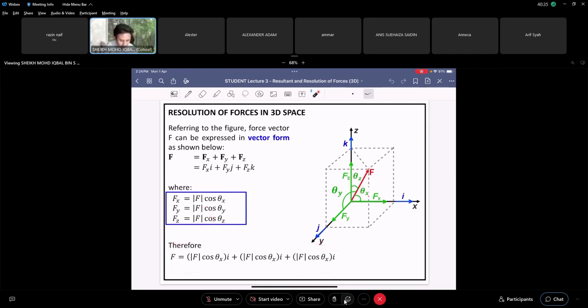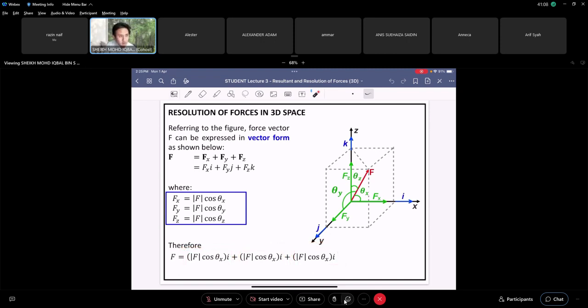Your magnitude cos theta x, i, then the calculation, and then this one is j, and then this one is k, right? This is how you solve it in three dimensions. You must always have this i, j, k at the end of your calculation. So we know that this part here is on the X plane, this part here is on the Y plane, and this part here is on the Z plane.